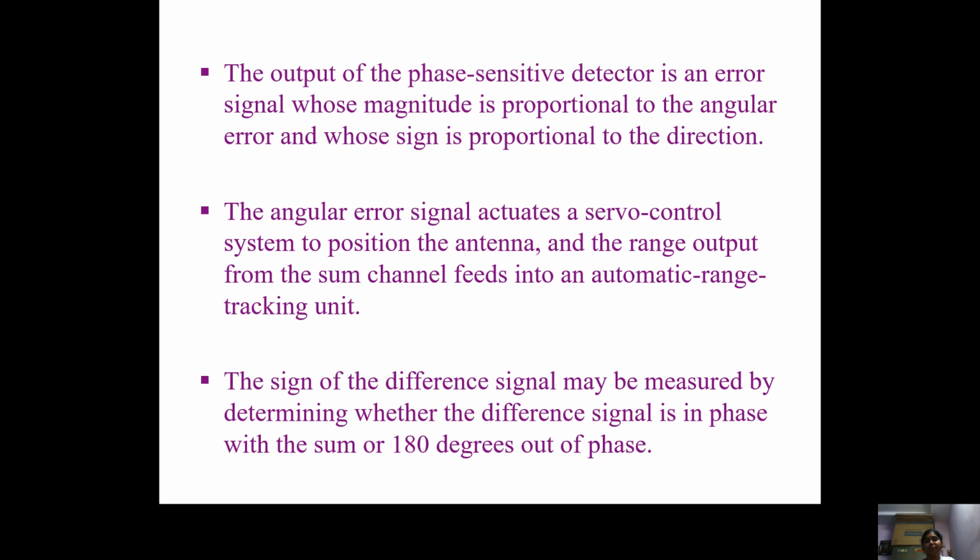So at the receiver, if there is a chance of phase difference between the two channels, because the sum and difference are the two channels we have, it is measured with the help of the sign variation, whether the sign is positive or negative.